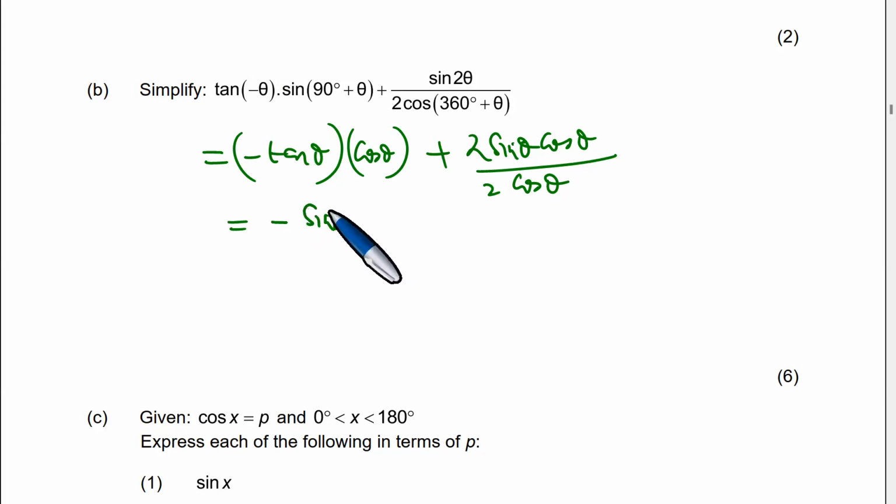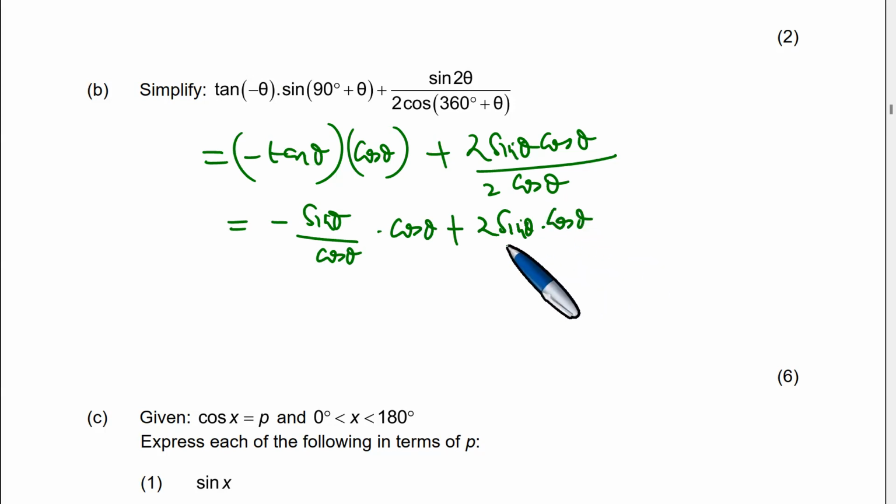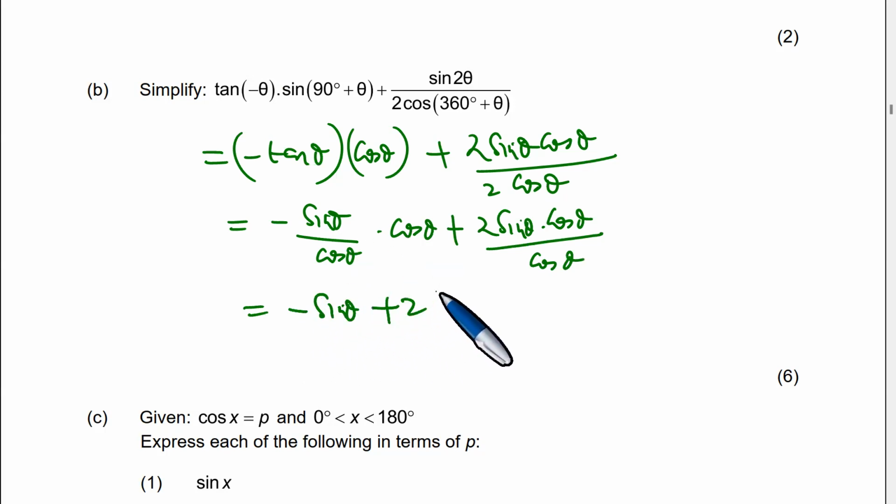The tangent is sine theta over cosine theta plus 2 sine theta cosine theta divided by cosine theta. Therefore cosine cancels and you have minus sine theta plus 2 sine theta. What is 2 sine theta minus sine theta? It is sine theta. And that's the answer.